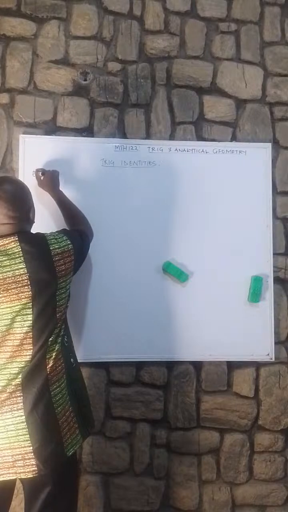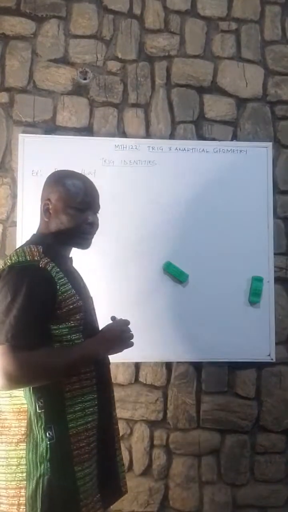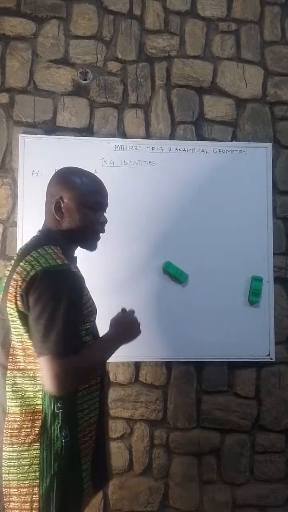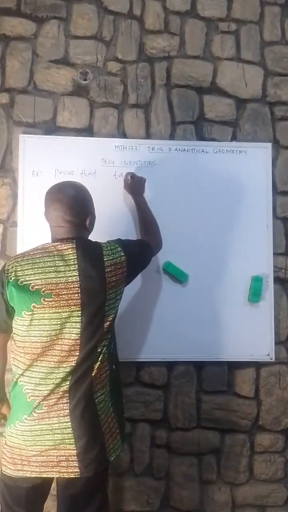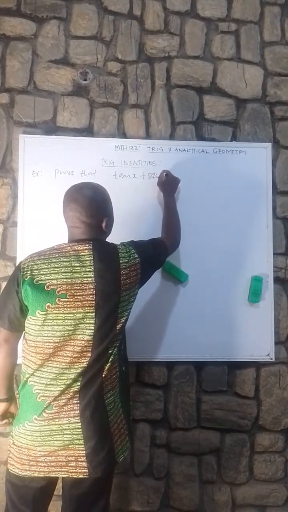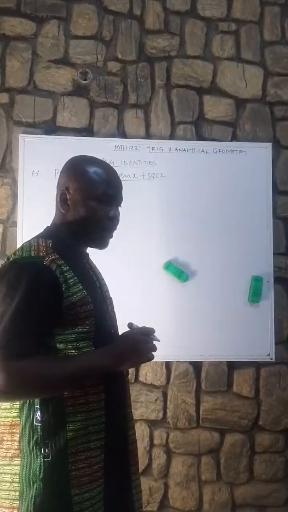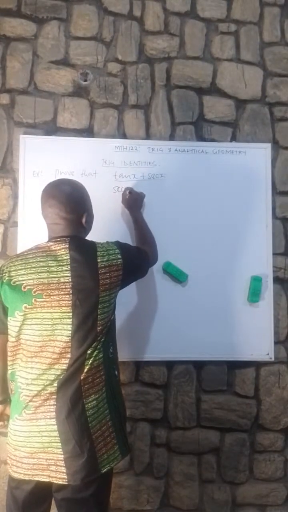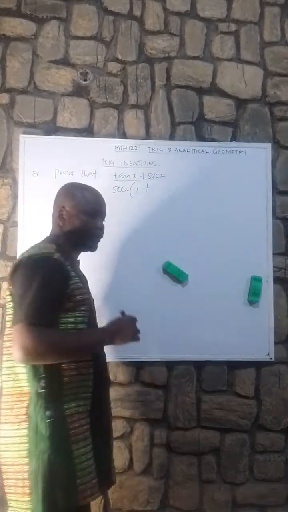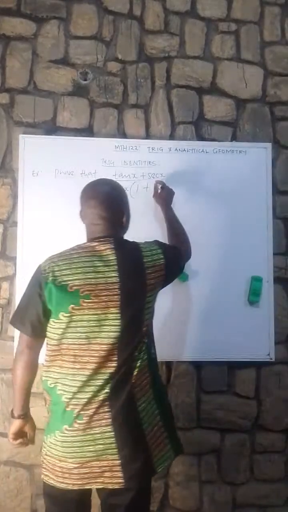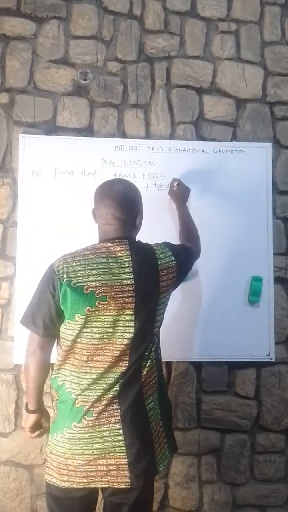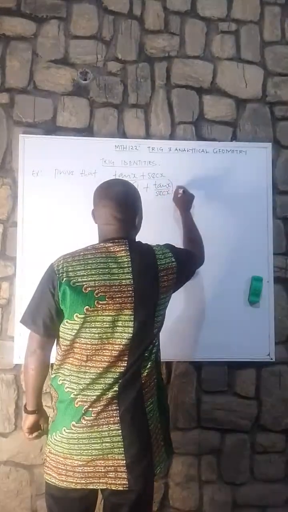So let's look at the question. Example: prove that tan x plus sec x all over sec x, open bracket, 1 plus tan x sec x all over sec x, is equal to 1.